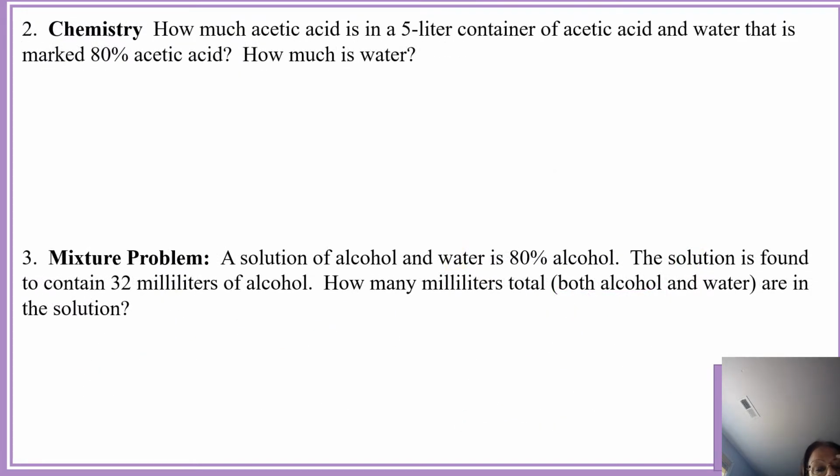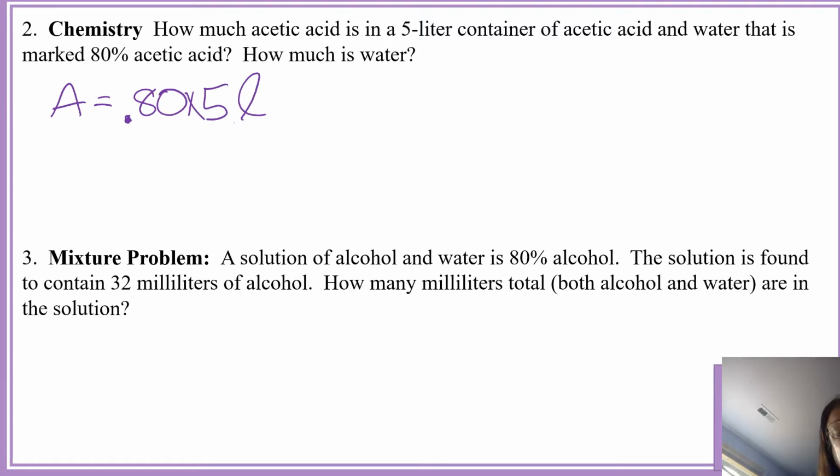Chemistry. How much acetic acid is in a 5-liter container of acetic acid and water that is 80% acid? A is whatever percent, 80%, of the 5 liters.